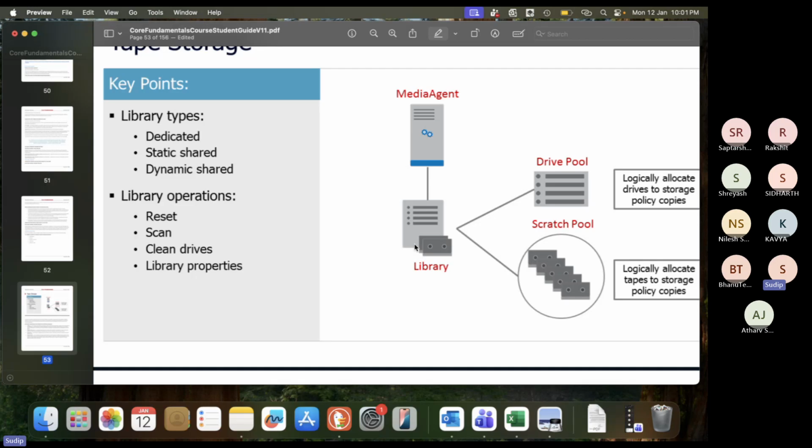Because of these reasons, reading from tape and writing to tape are always going to be very slow processes, and we have to take this into consideration whenever we are architecting the entire solution for tape writing and tape reading.